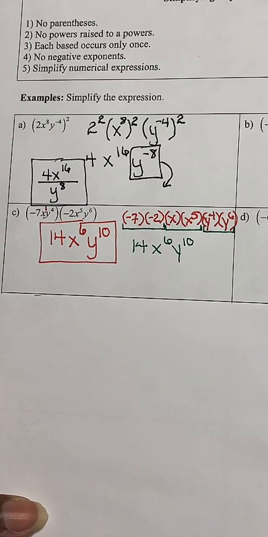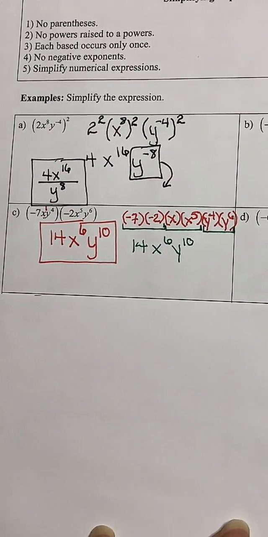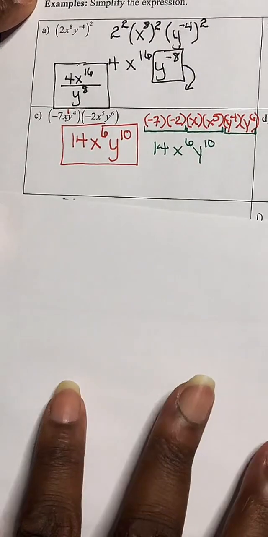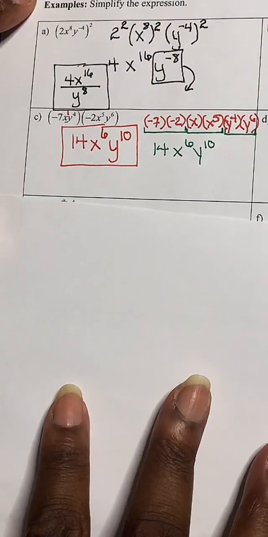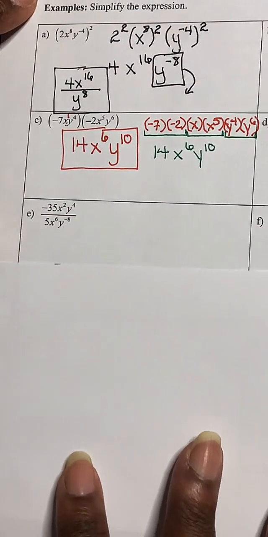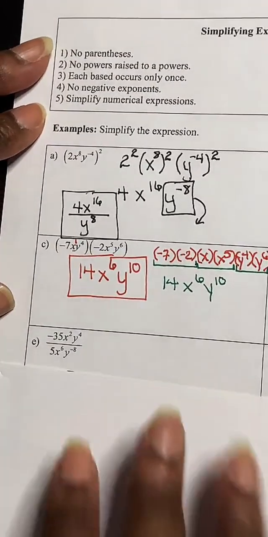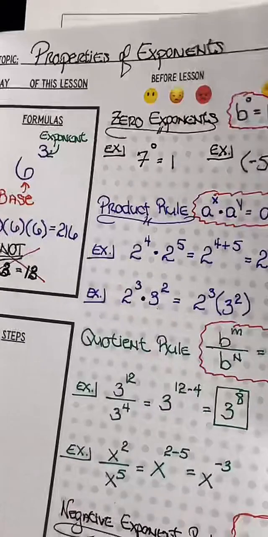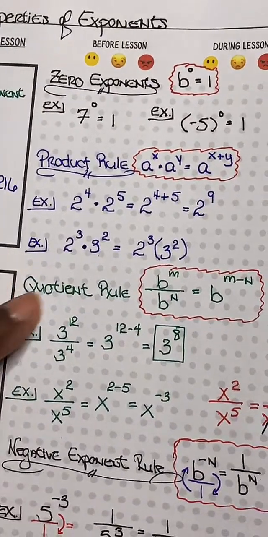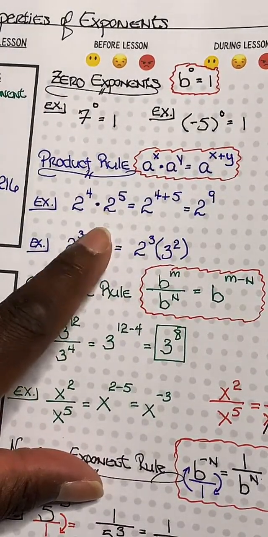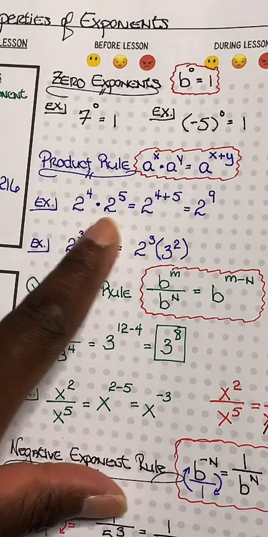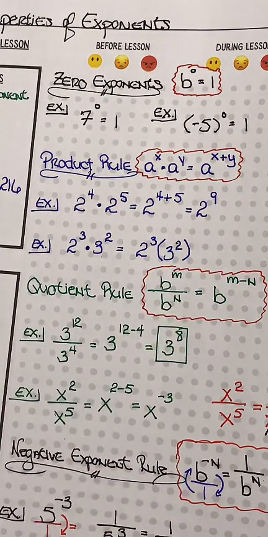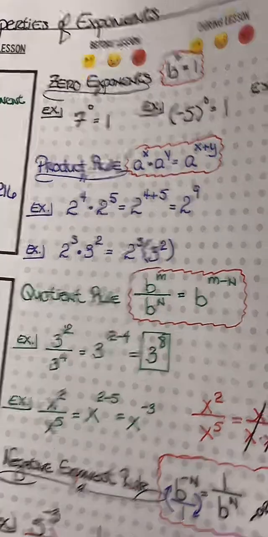Keep it simple. Easy. Relax. Does this one follow? This is the product rule. This is the second one that we did. So when you're multiplying and they have the same base, you add the exponents.